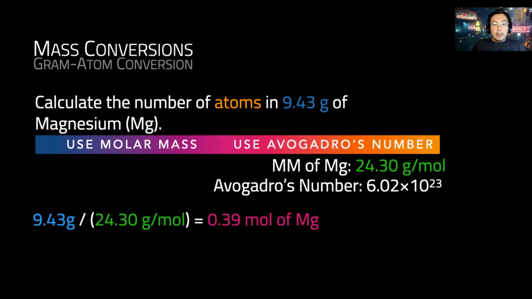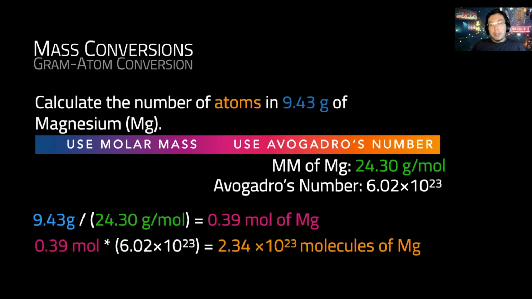So we're going to take this number of moles and multiply by Avogadro's number to get the final amount that we're actually being asked for, right? So at the end, we get this molecules of magnesium. Well, here, let me change from molecules to atoms because that's in the question. At the end, they're asking us for atoms. Do we have atoms? Yes. So this would be your final answer.